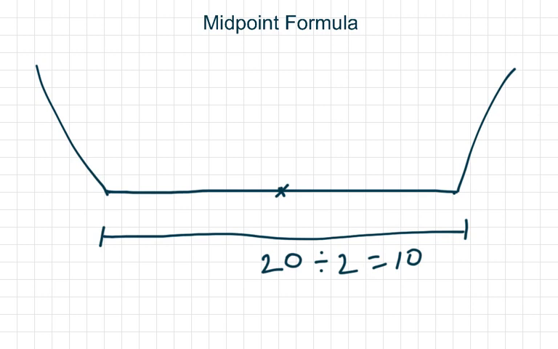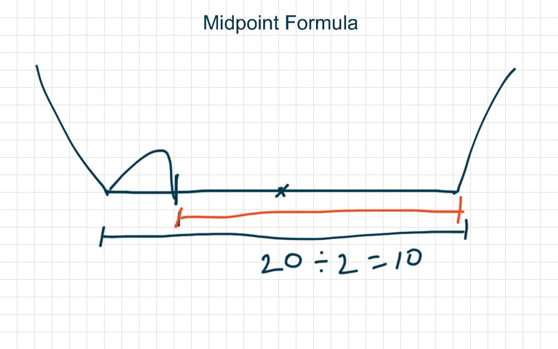What about if your door was blocking part of it, taking up 4 feet? You want to find the midpoint from here to here.